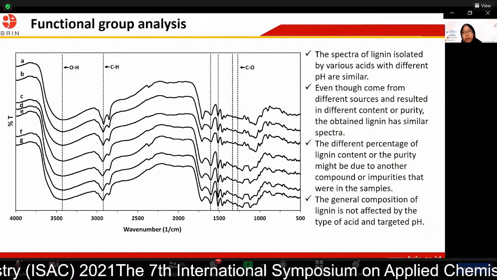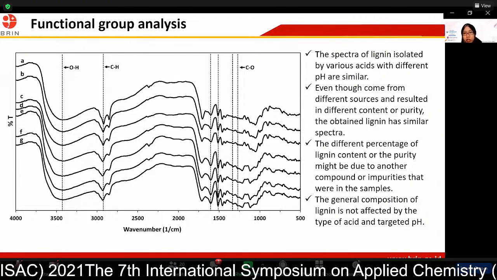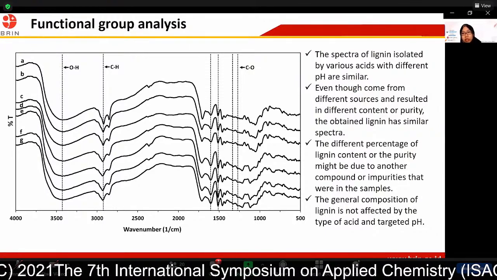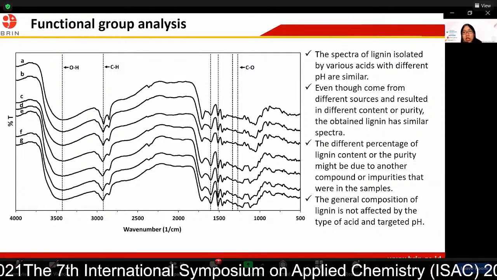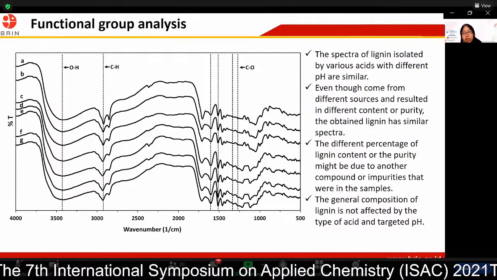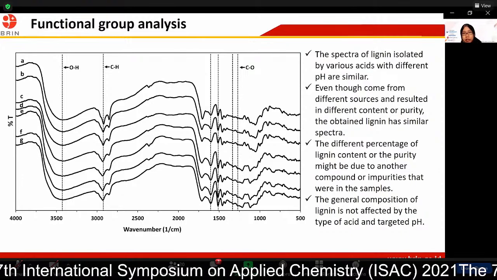From this functional group spectra, we can state that the general composition of the lignin is not affected by the type of acid and targeted pH, because the obtained lignin has similar spectra, whether from hydrochloric or sulfuric acid.